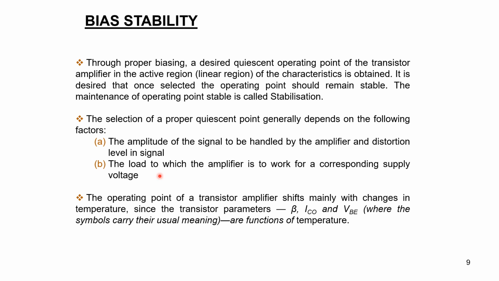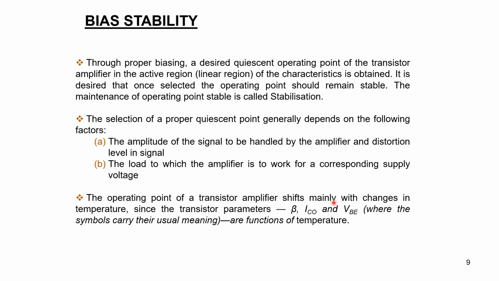On what factors does the operating point depend? The transistor parameters like beta, which varies from transistor to transistor, and temperature, and IC naught and VBE. If the temperature changes, IC naught changes and VBE changes. So the operating point depends on the beta value, IC naught, and VBE.